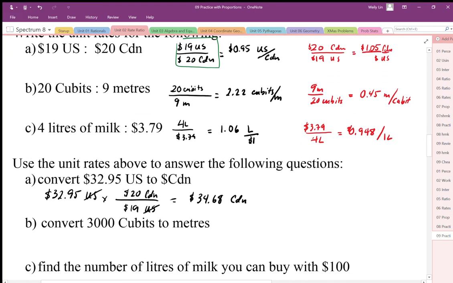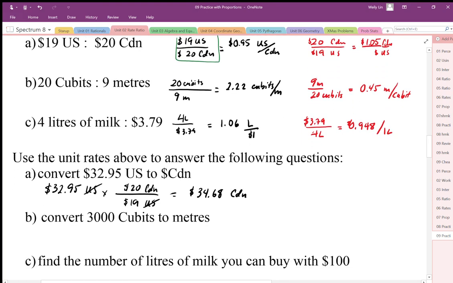Okay, I want to convert 3,000 cubits to meters. Okay, so I'm going to use a whole number ratio here. So I'm going to do 3,000 cubits, and I'm going to use this whole number ratio here. And again, let's use the unit rate. I'm going to choose this unit rate, and I just have to make sure I have my rates in the right order.